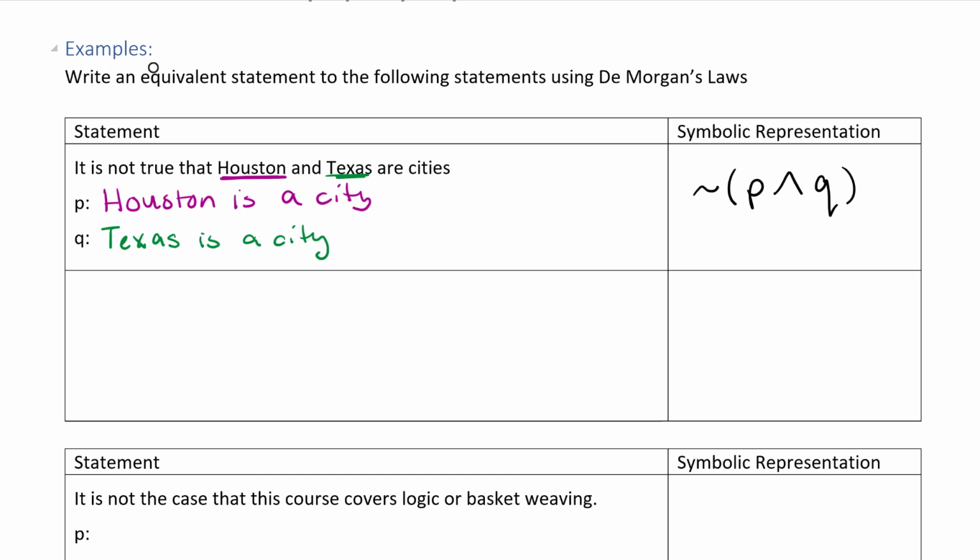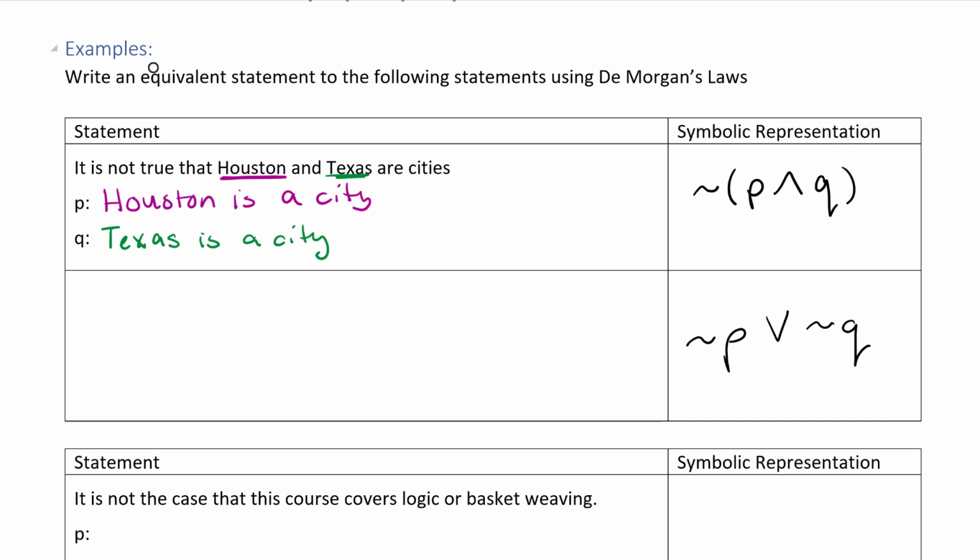So if I want an equivalent statement to it is not true that P and Q, De Morgan's law says that an equivalent statement would be not P or not Q. Okay, so this is a disjunction where the first one was a conjunction. So now I need to go back and write that.